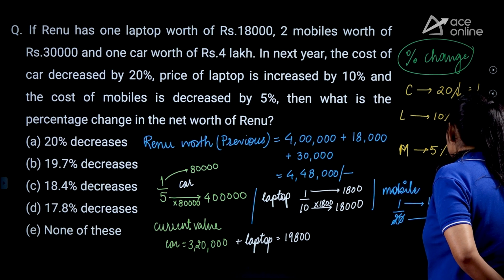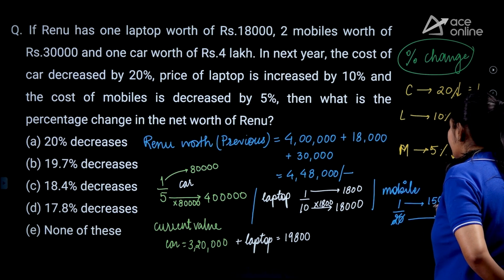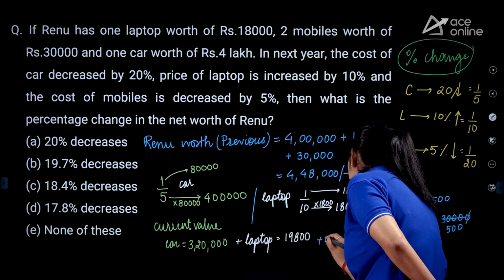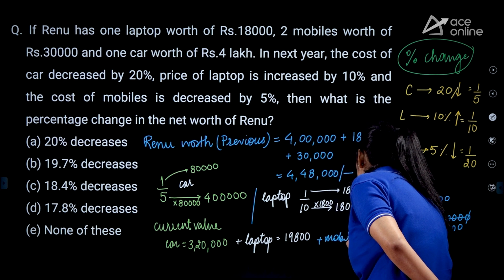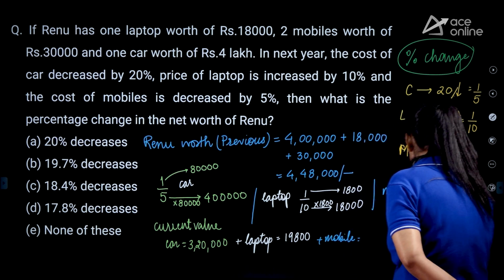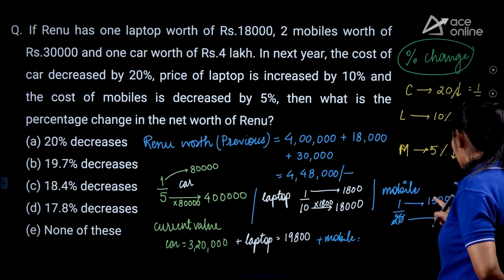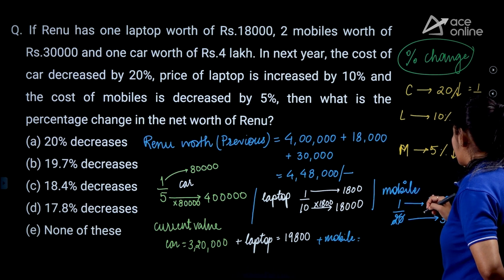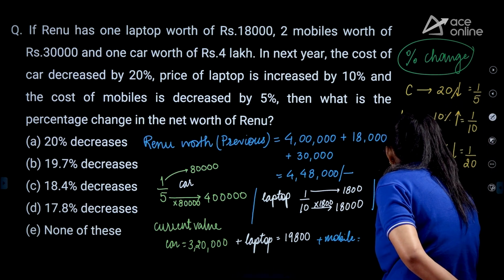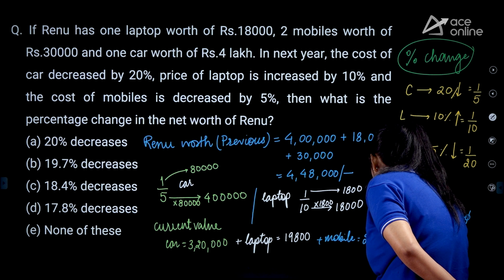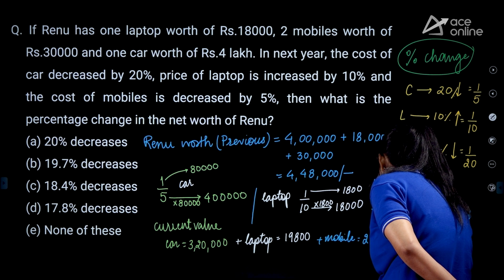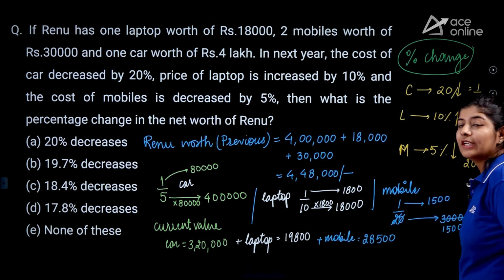So the value of the mobile right now is on the multiple of 19. So 19 into this one will become 28,500.